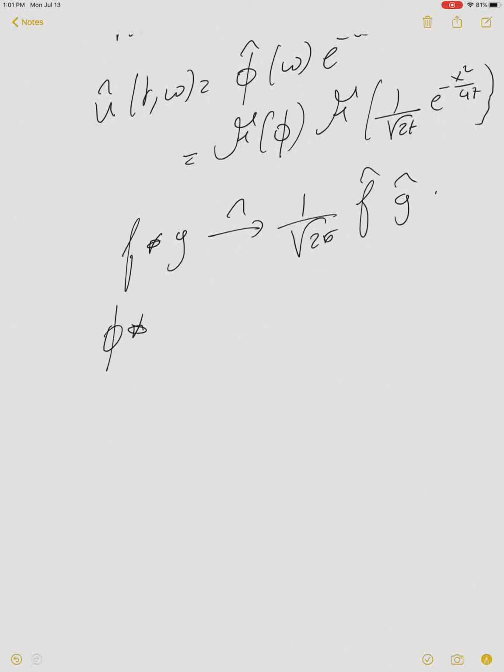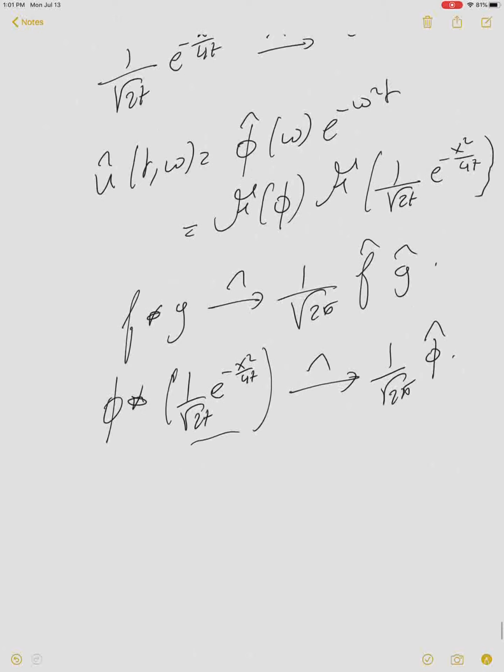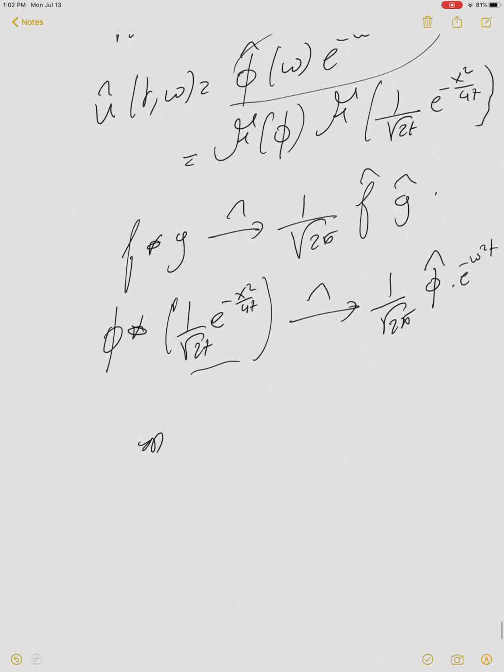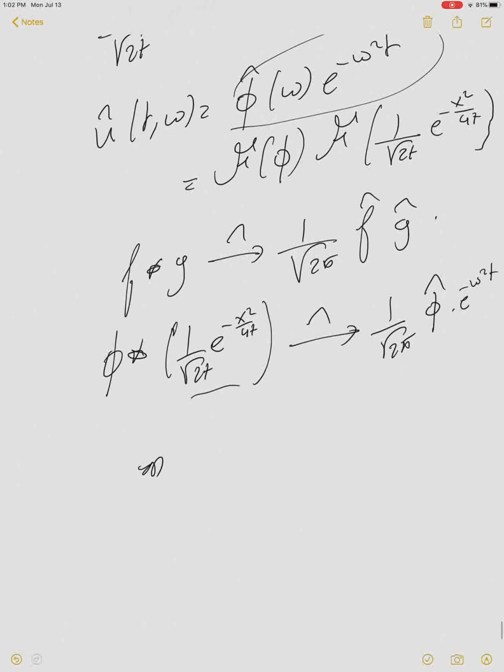So phi convolved with 1 over square root of 2t e to the minus x squared over 4t is 1 over square root of 2 pi phi hat times the Fourier transform of this one, which is e to the minus omega squared t. And this is the whole point of doing Fourier transform in this course: to solve such kind of differential equations.